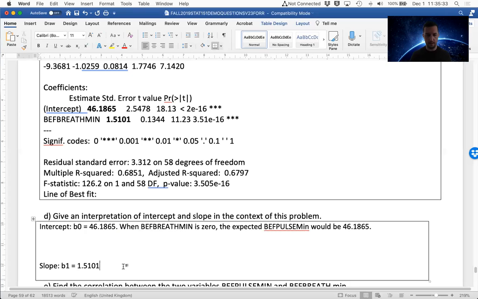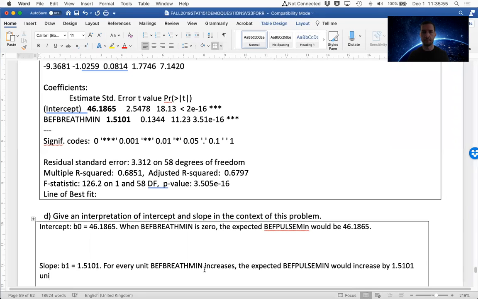And this is telling us that for every unit breath min increases, the expected pulse min would increase by 1.5101 units.